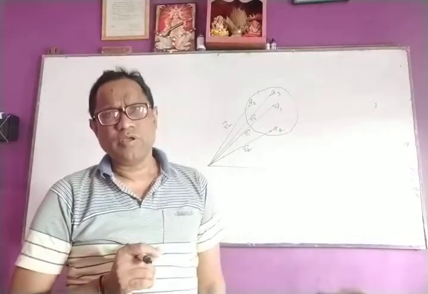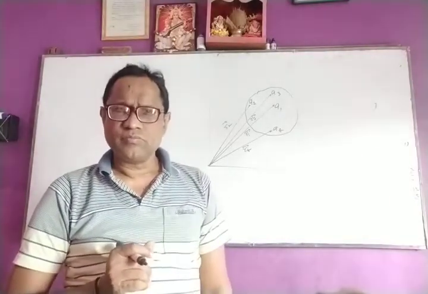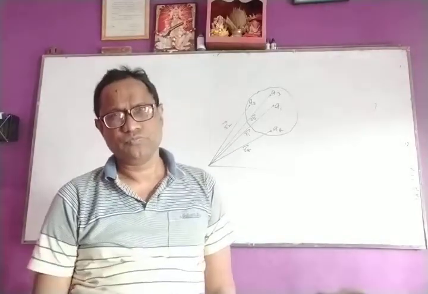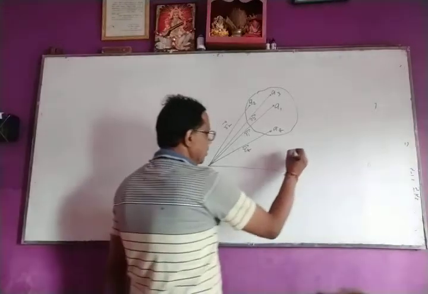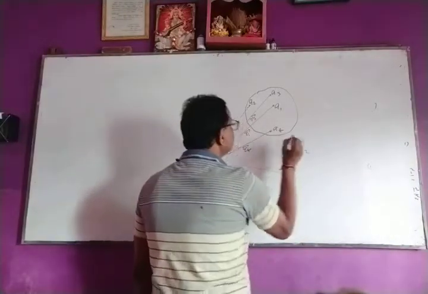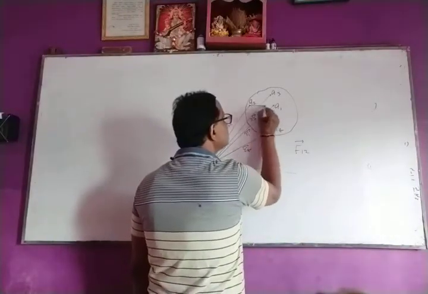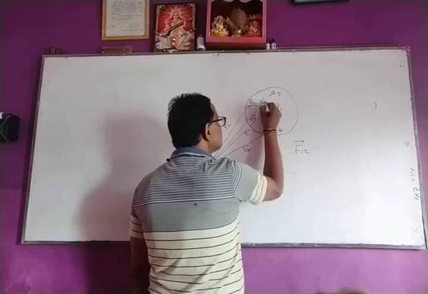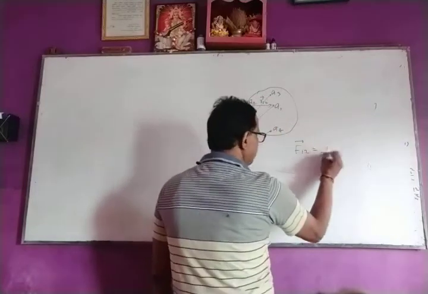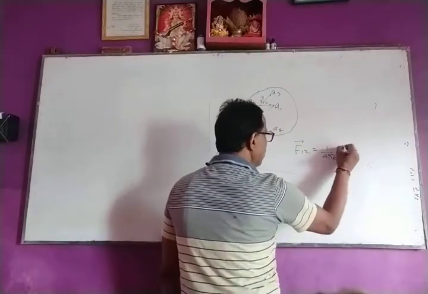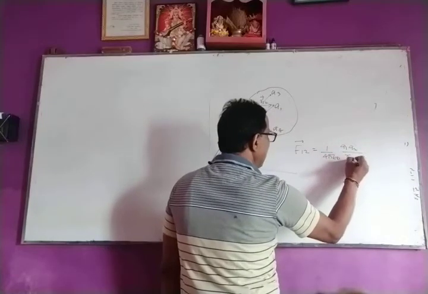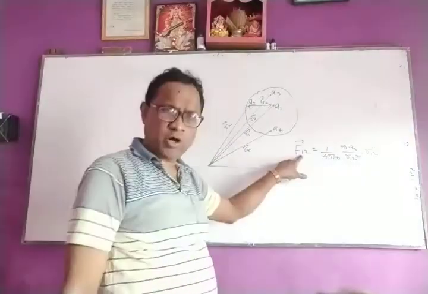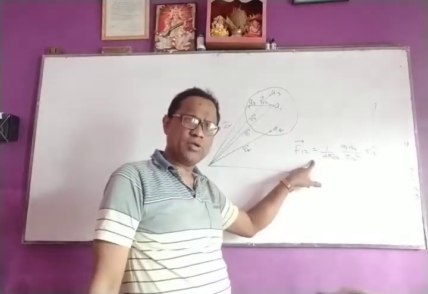If we find the force on q1 due to q2, then F12 is equal to 1 by 4 pi epsilon naught q1 q2 by r12 whole square r12 cap. q1 is the actual body, 2 is the referred body.